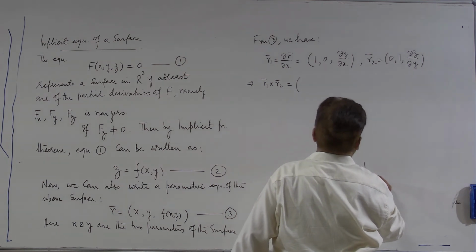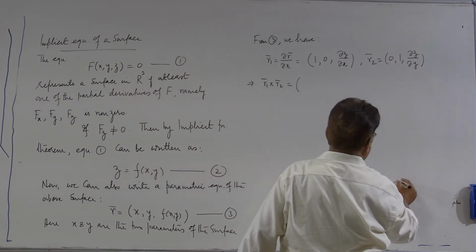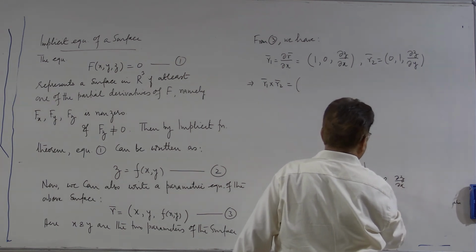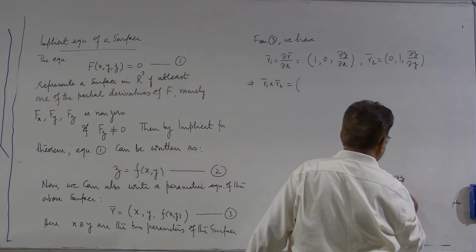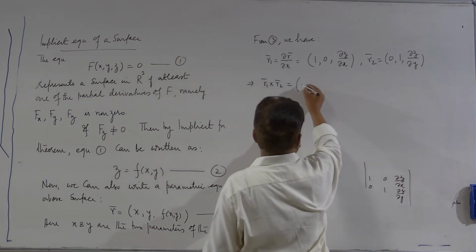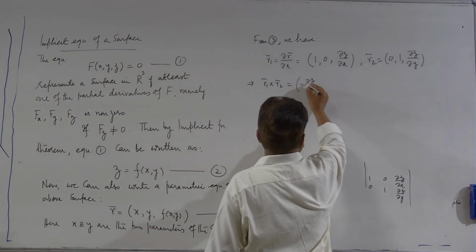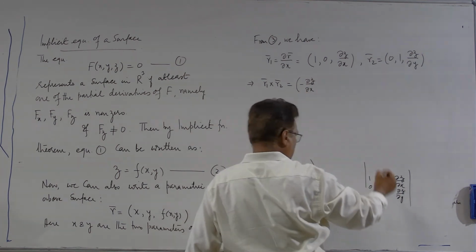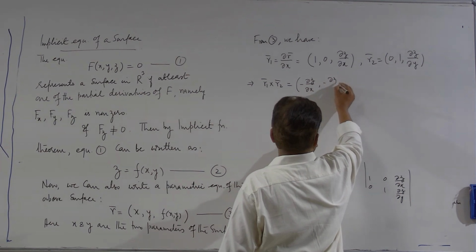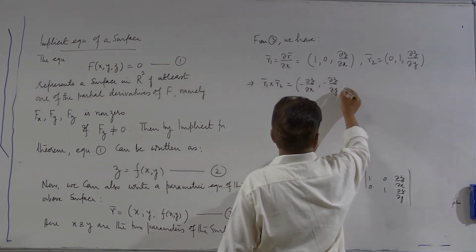So, this will be 1 0 del z over del x and 0 1 del z over del y. So, minus del z over del x and then minus del z over del y and then 1.